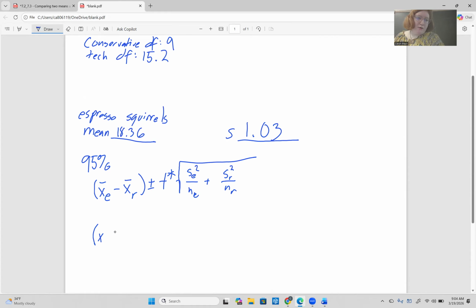I only have the espresso in front of me: 18.36. What is the regular squirrels' mean? 20.1, plus or minus t star. 1.833. Which degrees of freedom did you use? 9?